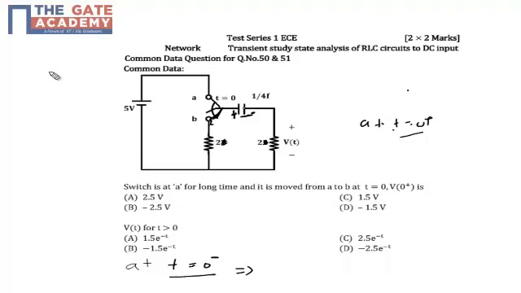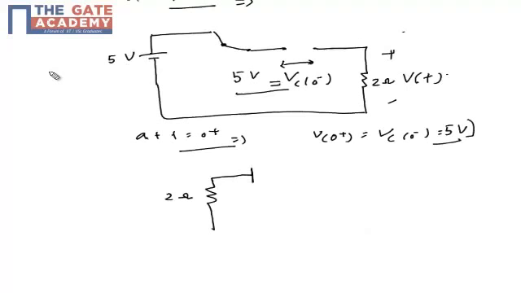And we know that when we make a change, the capacitor always retains its polarity. So the positive terminal of the capacitor will behave like the positive terminal of the battery, and the negative terminal will behave like the negative terminal, because it will behave like a 5 volt battery. This is the important point. So now we can draw a 5 volt battery here and a resistive network. So this is my resistive network.